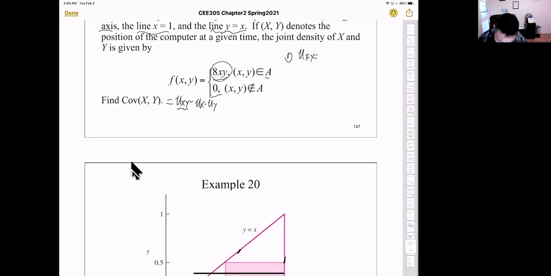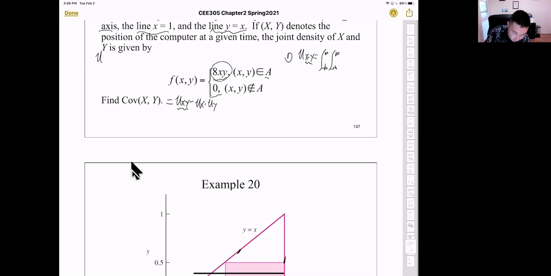What we should do is the double integration, because we are going to find the mean value of x times y. Let's consider xy as a function h(x,y).